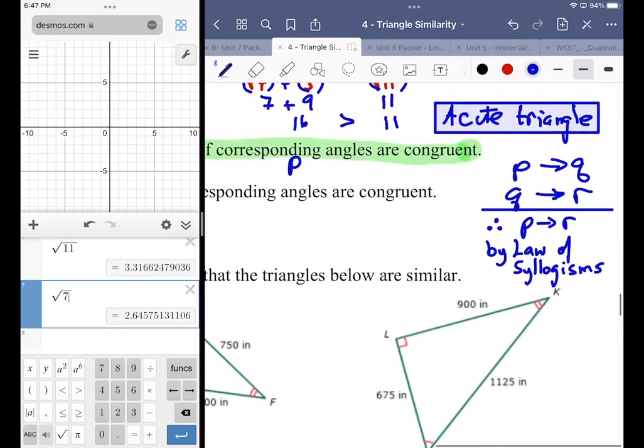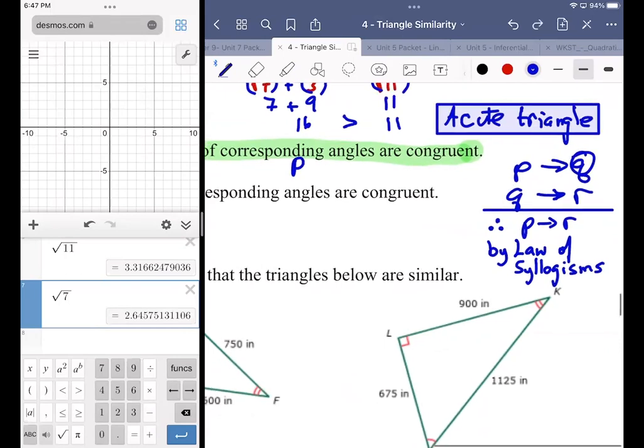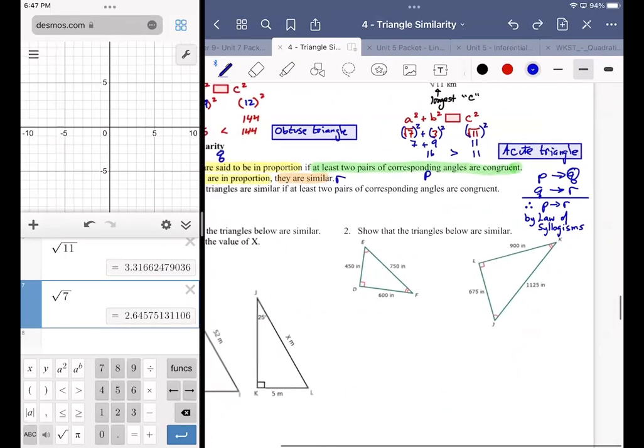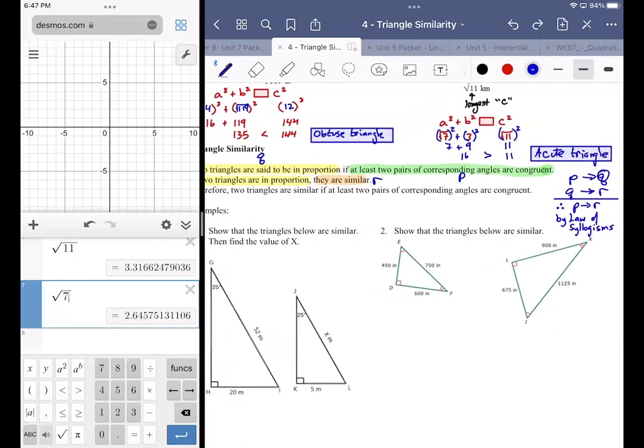All right, the case where if this, then that, if that, then something else, then it's if this, then something else. Right? It's like the Q represents the way station, bridging you from P to R. So P represents at least two pairs of corresponding angles are congruent. R represents they're similar.